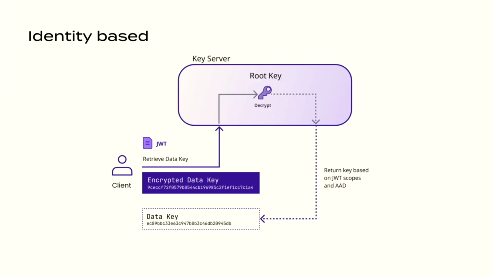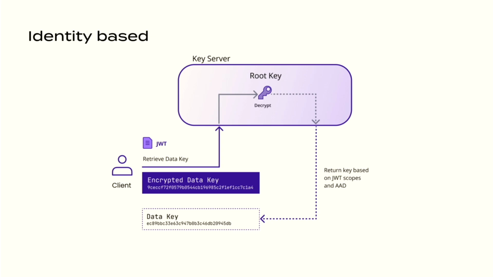Cool. The other cool thing about a key server is that it's identity-based. So you can use this JWT that we got from Auth0 or Okta previously, and the key server is going to use that to determine whether or not it will give you a data key. So we're getting a little bit closer to an access management system here now. Because what it can do is determine, based on your identity, any scopes that you might have in your JWT, and also this idea of authenticated associated data, AAD.